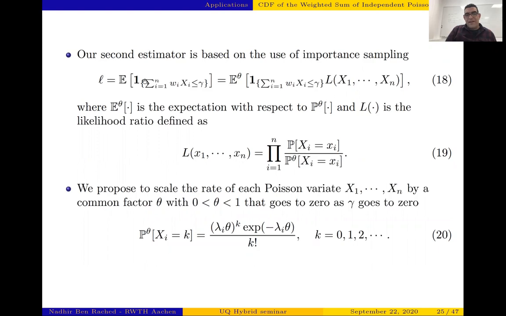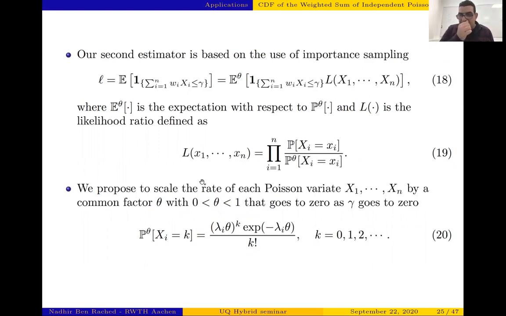L can be written as the expectation of this indicator function, and then we write it as the expectation of the same indicator function times the likelihood ratio, where the expectation is with respect to a new probability measure that I call here P theta. The likelihood ratio is just the ratio between the underlying probability mass function over the new probability mass function.